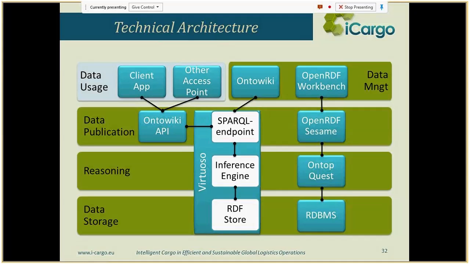And in this case, we have opted for the Virtuoso open source linked data solution, which consists of an RDF triple store, where we can store the data as linked data, an inference engine we can use to reason, and a SPARQL endpoint to fire the queries at, to have an interface for queries.